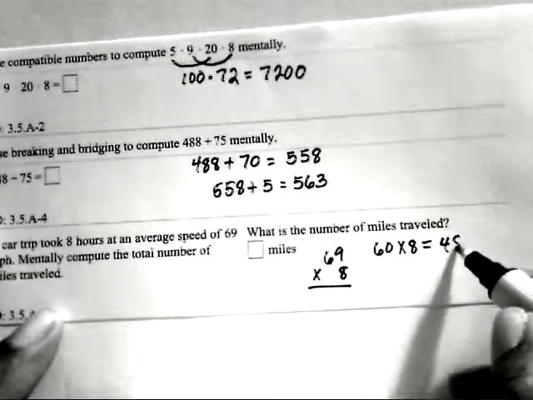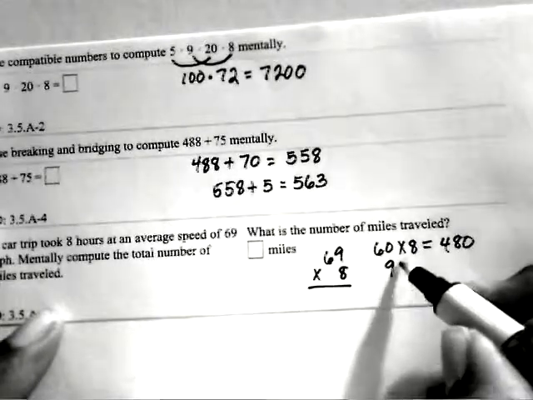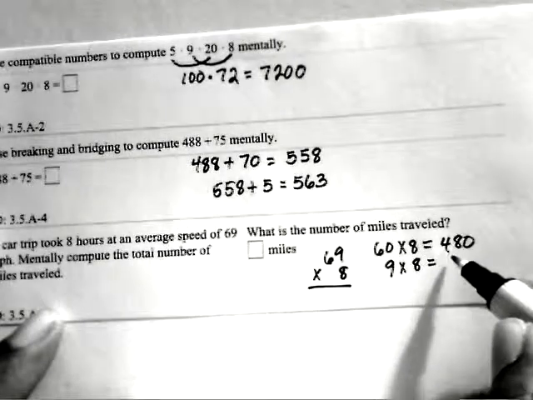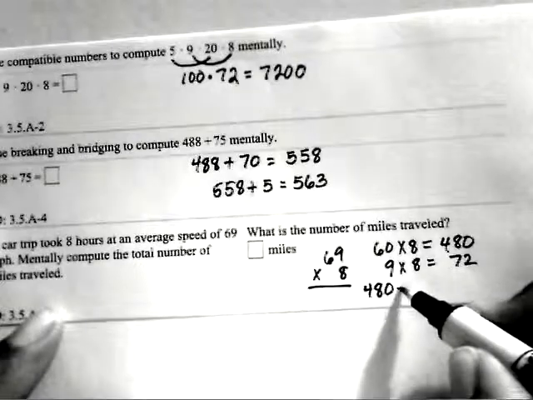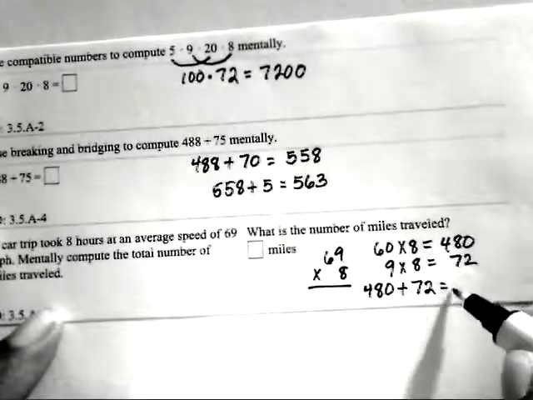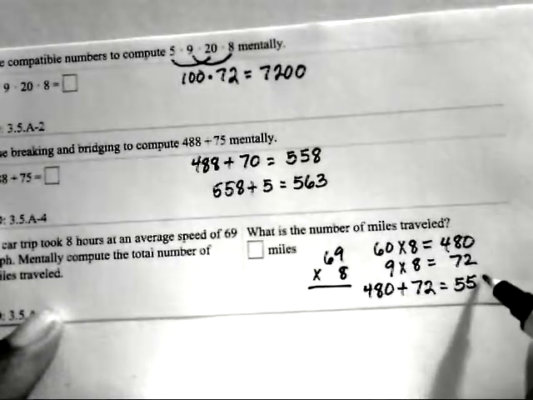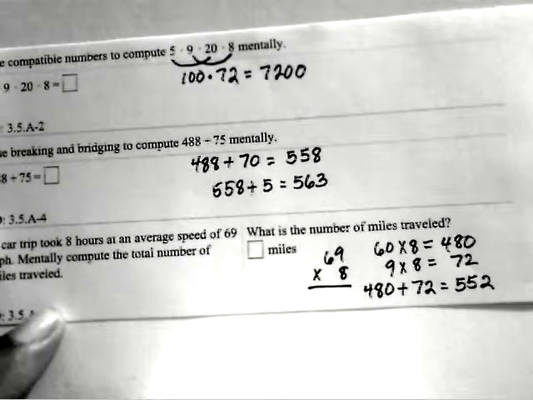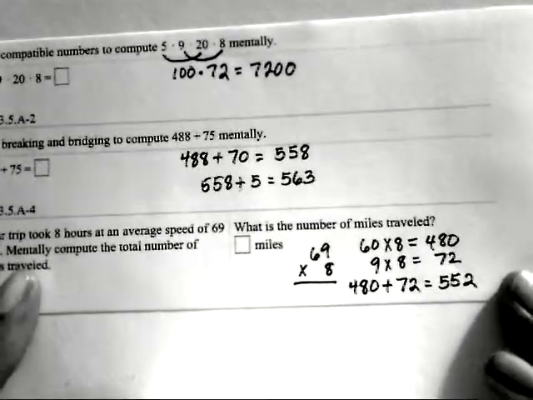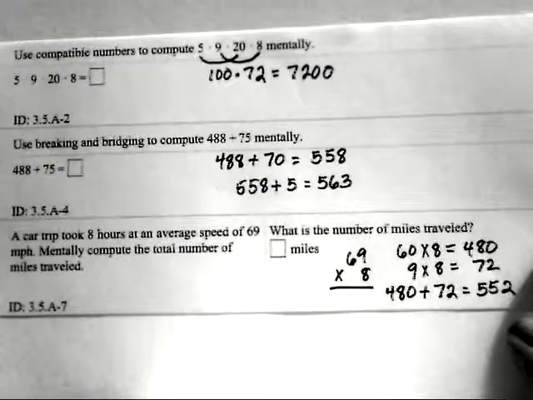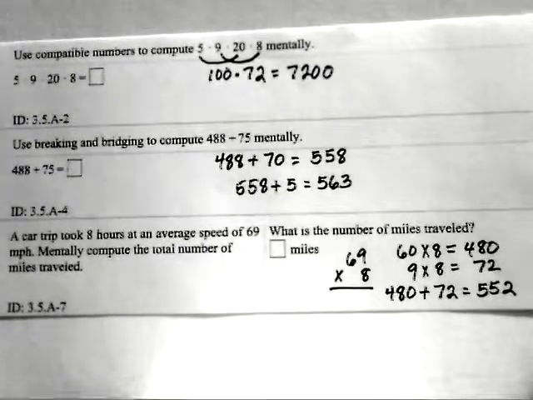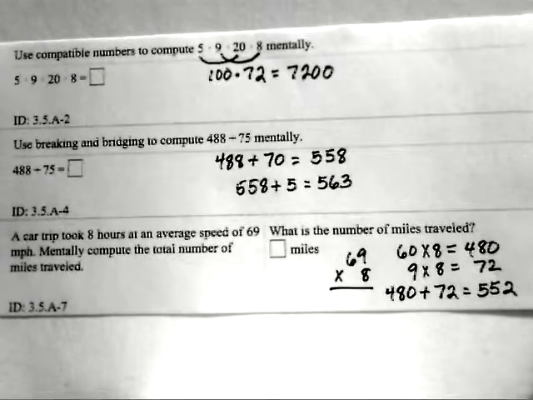That's going to give me 480. And then I got 9 times 8. That's going to be 72. So now we got 480 plus 72, which would be 552. Okay, so here the total number of miles traveled will be 552 miles.